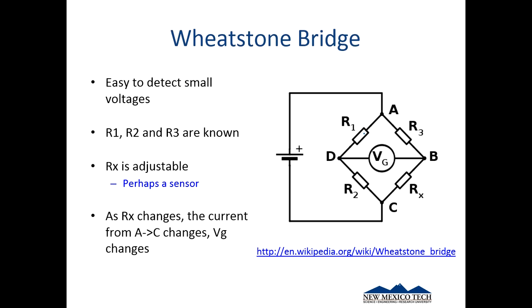So what we do is we build a little resistor network. And you could work through the circuit dynamics, or the network analysis, and figure this out. But if we know R1, we know R3, we know R2, then Rx, it isn't written this way, but pretend it's adjustable.